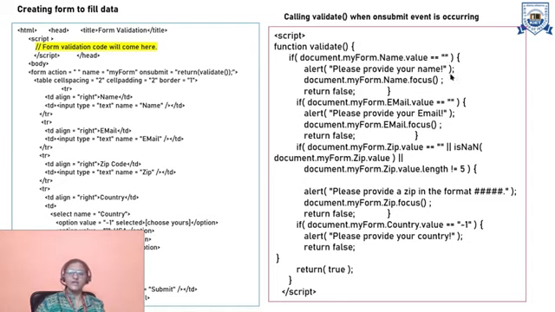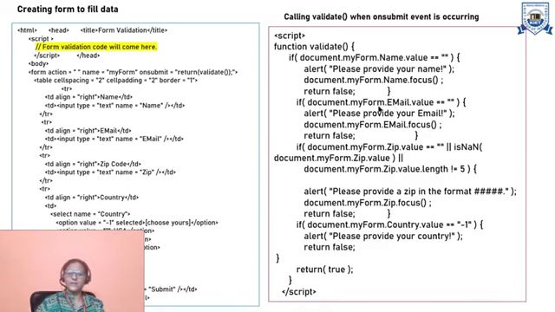And it will not allow you to move further. It will give the focus back to that particular text box whose name is name, with document.myform.name.focus. Your cursor will move there. It will not move ahead. Return false. It will not succeed. It will not move further. It will return false if that happens.